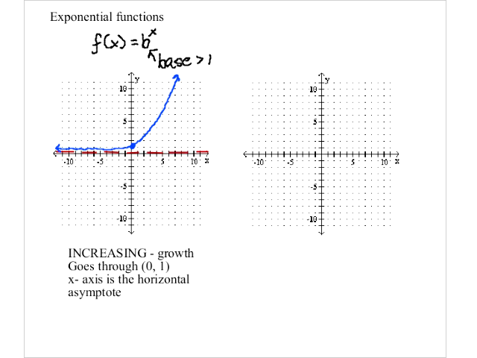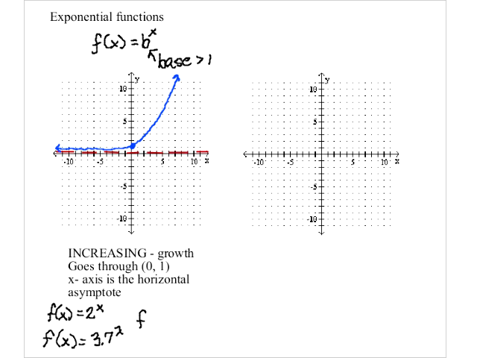So that is the basic shape and I'll give you several examples of functions that have that basic shape. For example, f of x is 2 to the x, looks like that. Or maybe f of x is 3.7 to the x.